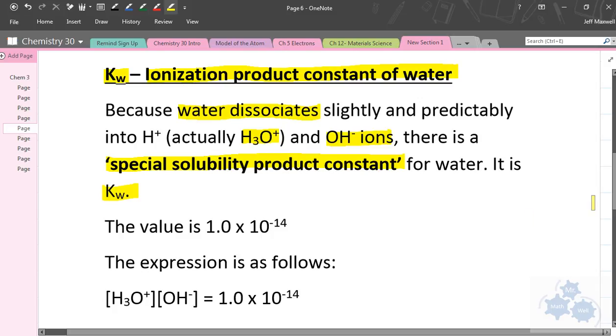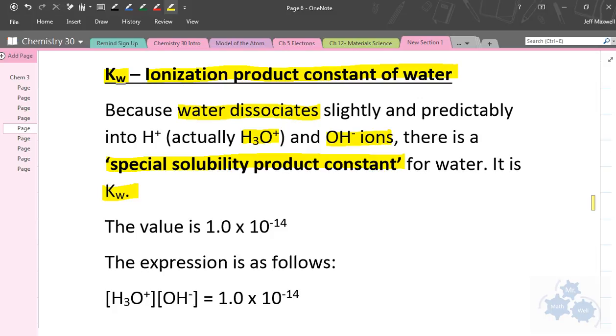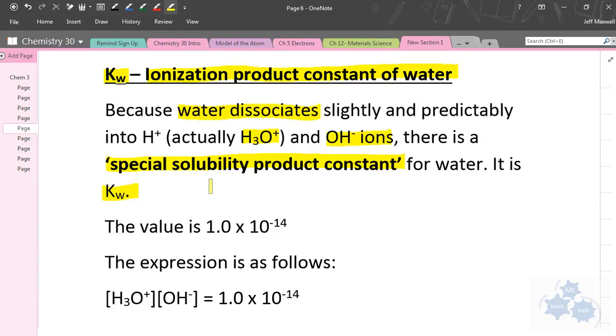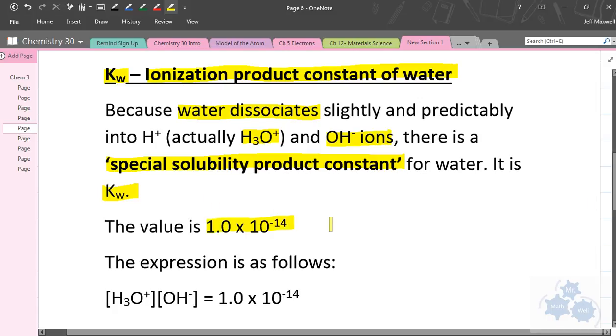So once again, in any sample of pure water, you are going to have a predictable concentration of ions that make up water. There are going to be some ions that are separate in solution, along with all the other water molecules. And so that's what Kw is. The value for Kw is 1 times 10 to the negative 14.